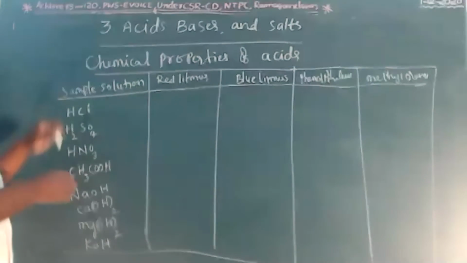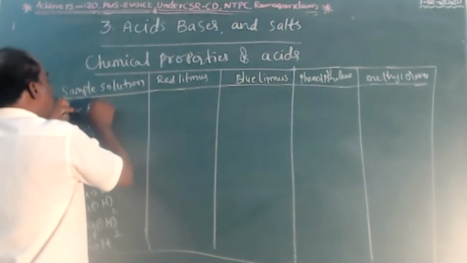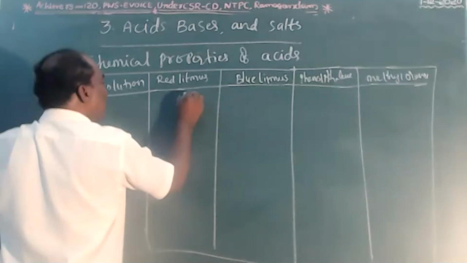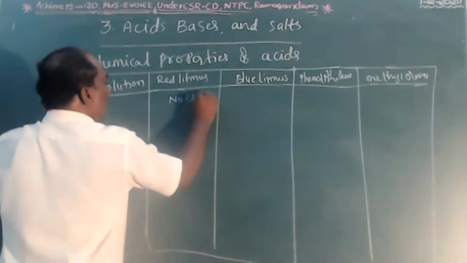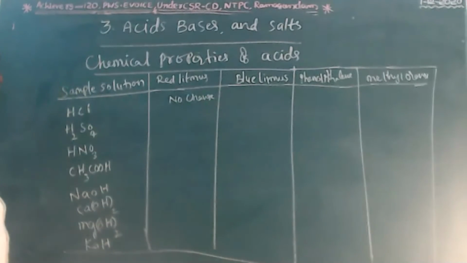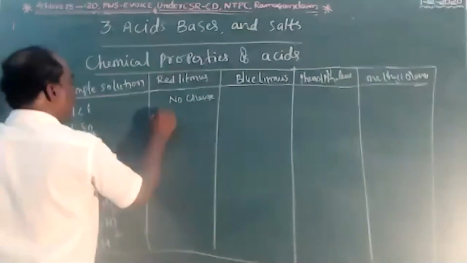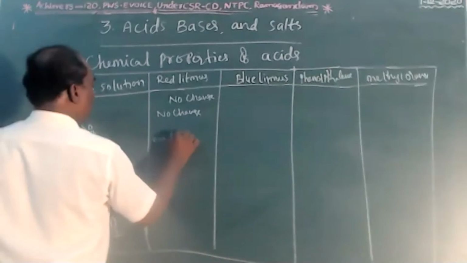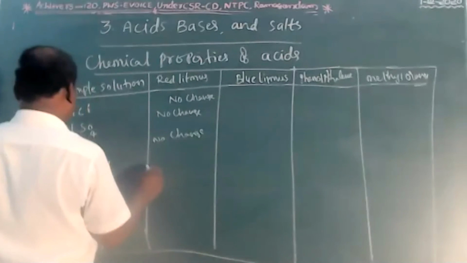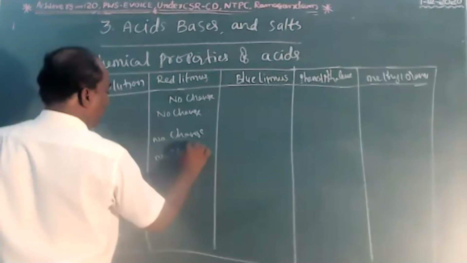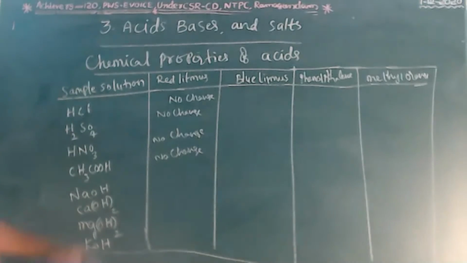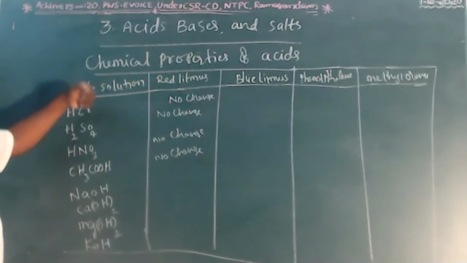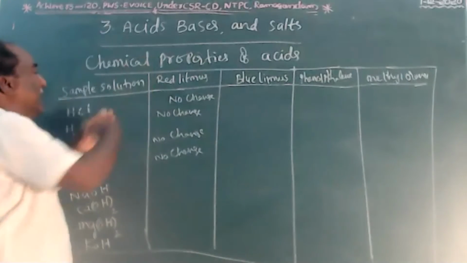All the acids show no change with red litmus, because acids can change blue litmus into red, but they won't change red litmus into blue.